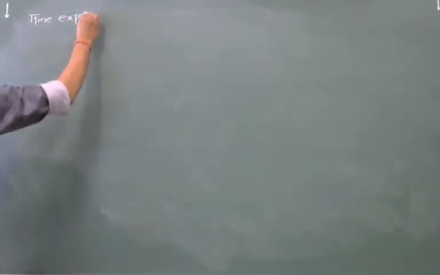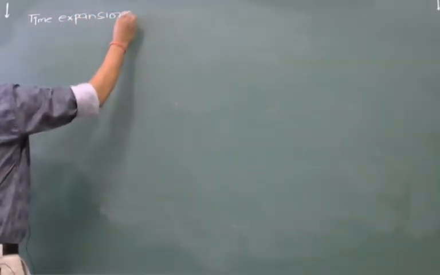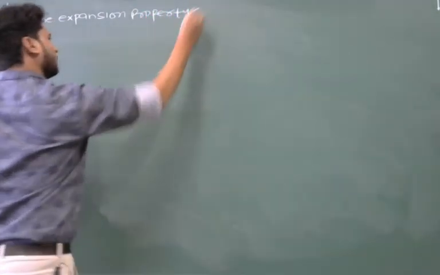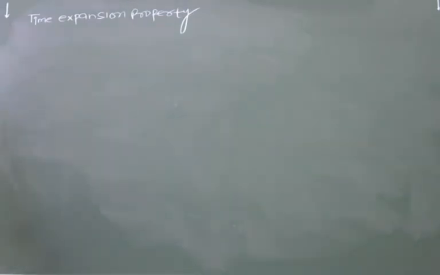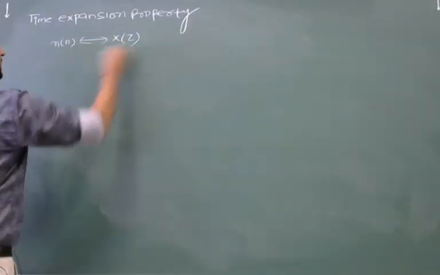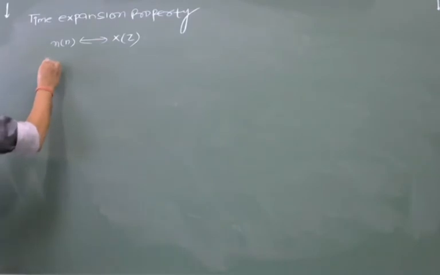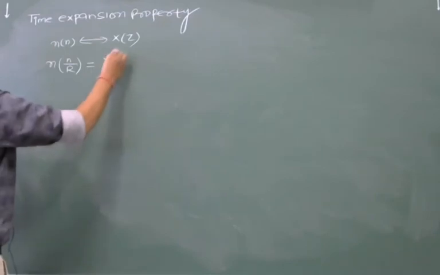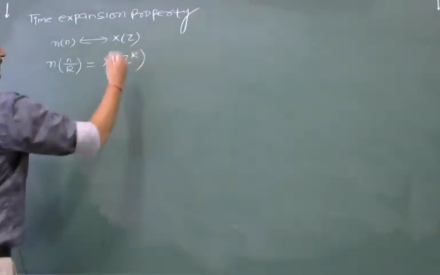The time expansion property of the z transform states that if the z transform of x of n is equal to x of z, then the z transform of x of n by k will be equal to x of z power k.